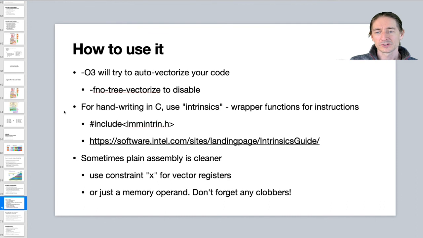Sometimes just using plain inline assembly will be cleaner. You get even tighter control. If you look at the generated assembly from the intrinsics and you see it doesn't do what you thought it would, then it probably would be worth going to inline assembly. The syntax can be a little bit of a mess, especially for the new mask register instructions.